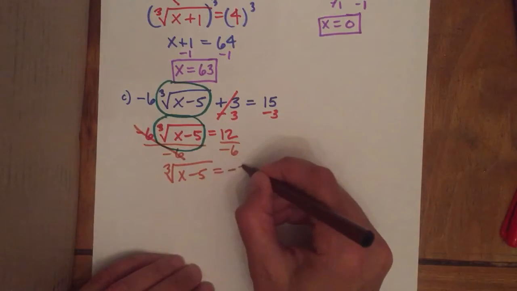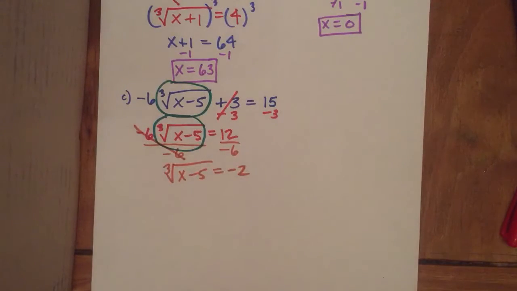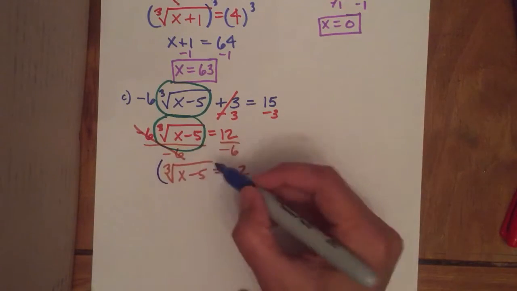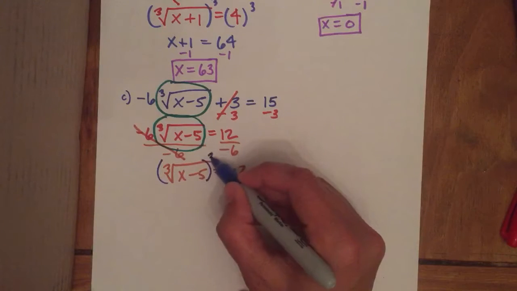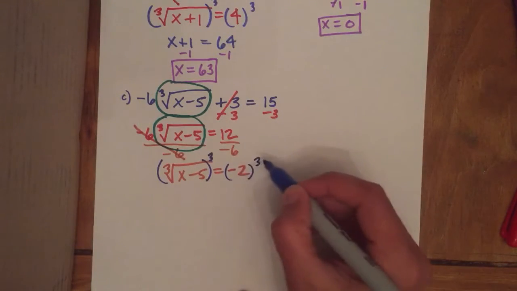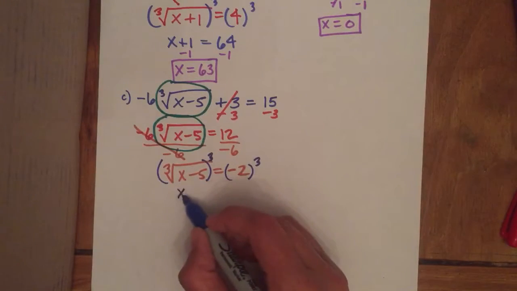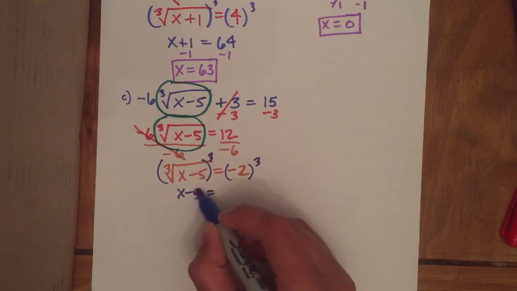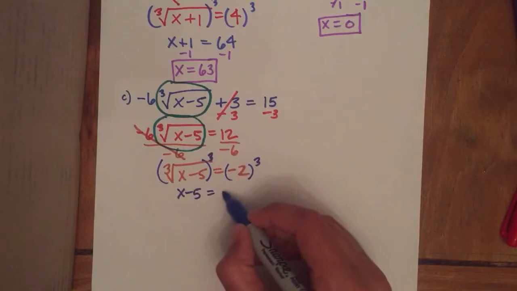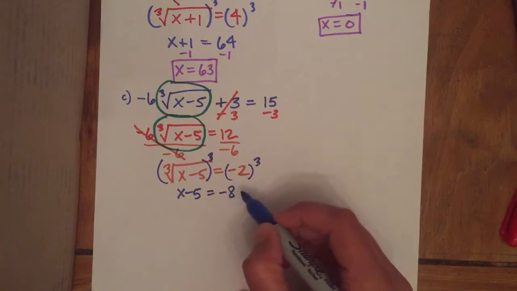And 12 divided by negative 6 is negative 2. So at this point, what do we do? Well, we want to get rid of the radical. The inverse operation of cube root is to cube, so we're going to cube both sides. A cube of a cube root just leaves you what's underneath. And then negative 2 cubed is negative 8.